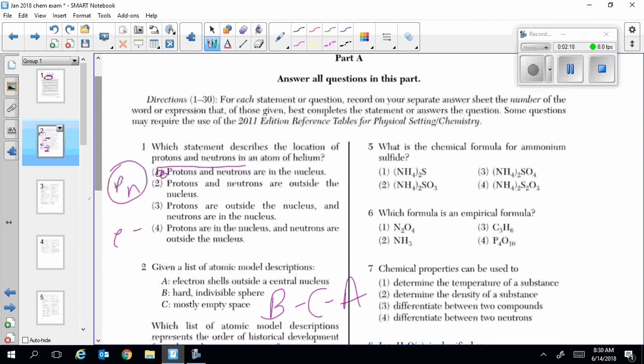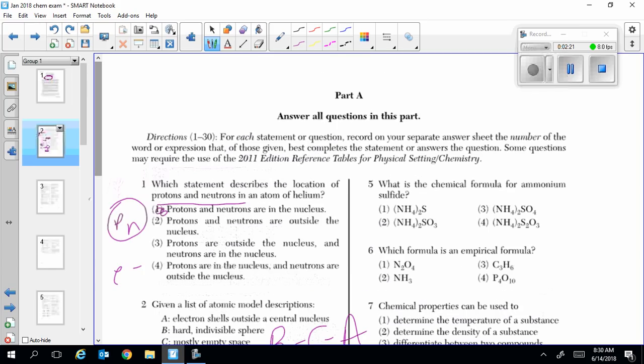What is the chemical formula for ammonium sulfide? So ammonium is a strange name. So go to table E if you're not sure what something is, and the name will be right there. So ammonium is NH4 with a plus. And then sulfide.